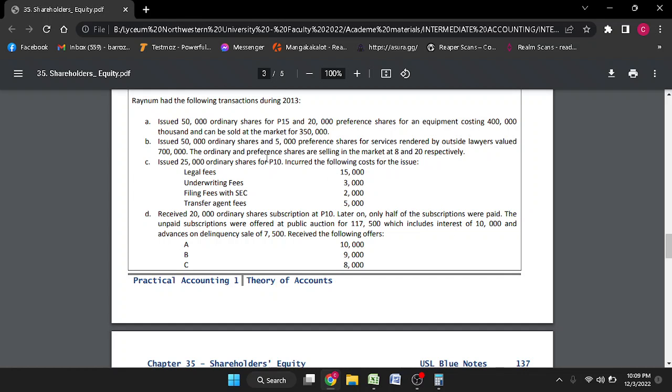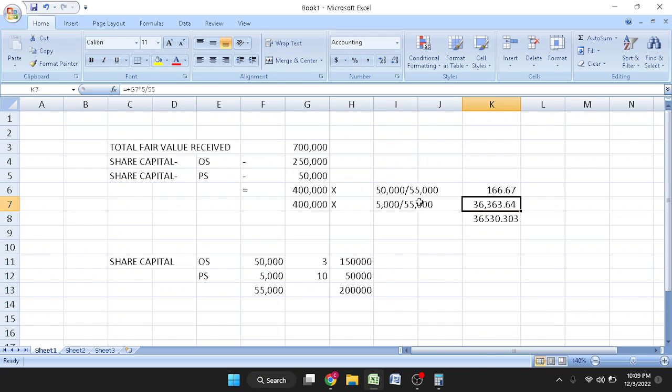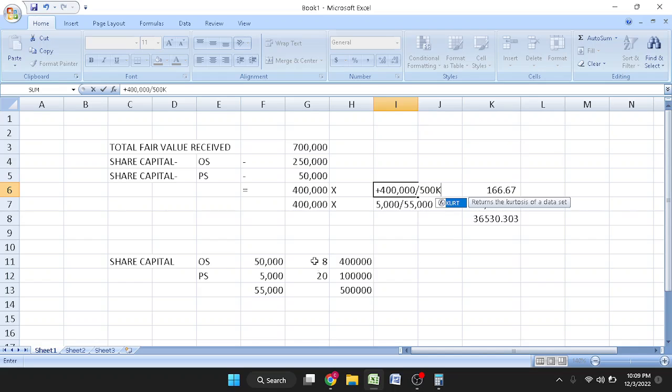So 8 over 20. So 50 times 8, and this 5 times 20 here. That should be 400 to 500. So let's try 400,000 over 500, or here 100 over 500.